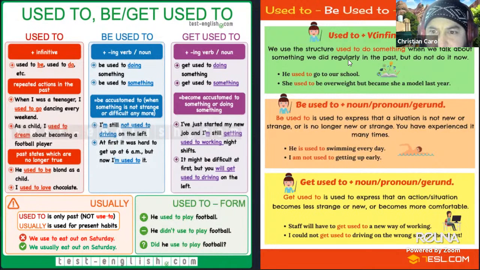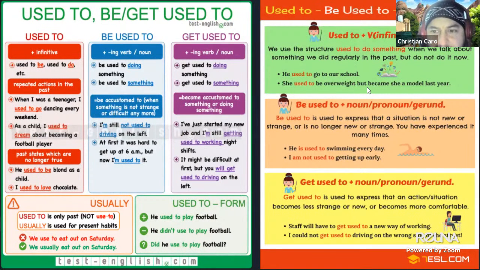We use the structure used to plus infinitive when we talk about something we did regularly in the past, but do not do now. So the point here is that maybe when you were younger, you used to do certain activities, but you stopped doing them, right? For example, he used to go to our school.